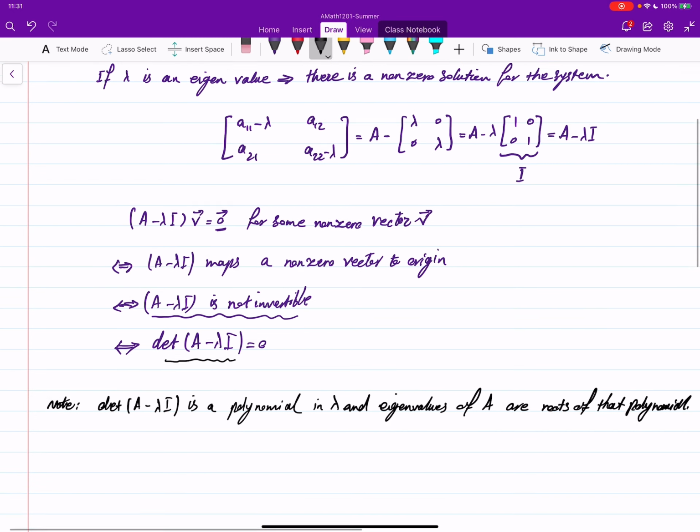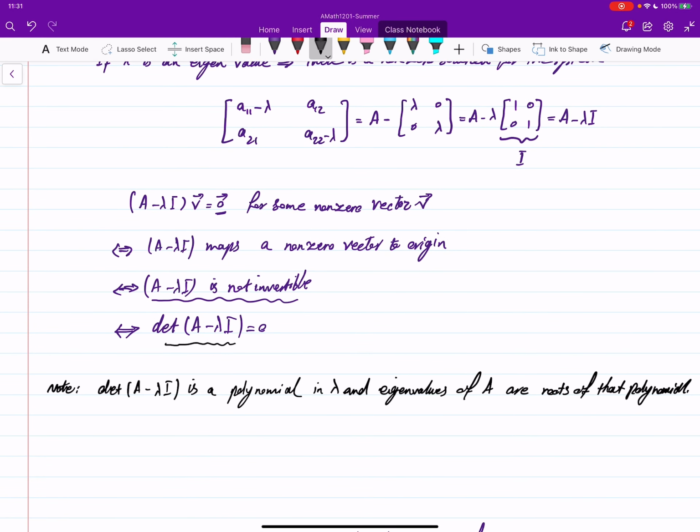This means that if someone gives you a matrix, you find the determinant of A minus lambda I, that's a polynomial, and find all the roots. The roots are the eigenvalues of that matrix.